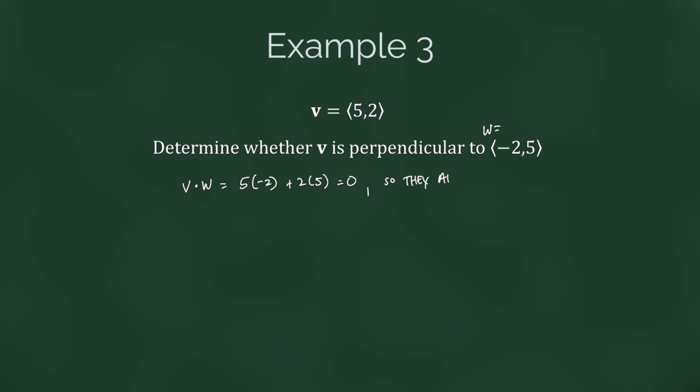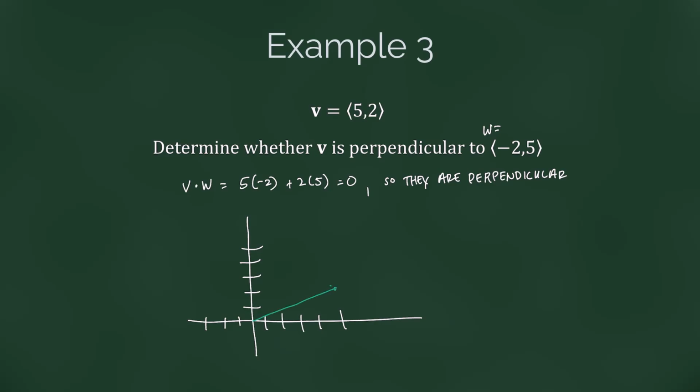Now, I want to relate this back to an idea that should be familiar to you from geometry. I'm going to draw the vector (5, 2). So that vector looks like this, (5, 2). And then I'm going to draw the vector (-2, 5).